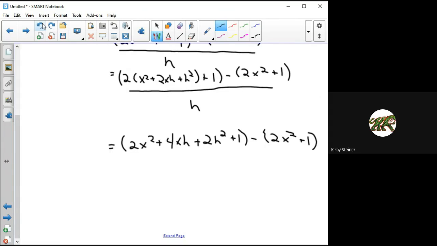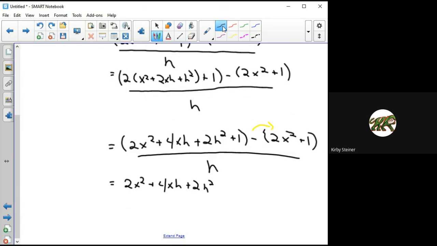Now let's take everything out of the parentheses over h. Let's not forget that. So I have to distribute this negative, and that allows us to take everything out of parentheses. So I have 2x squared plus 4xh plus 2h squared plus 1 minus 2x squared minus 1, all that over h.